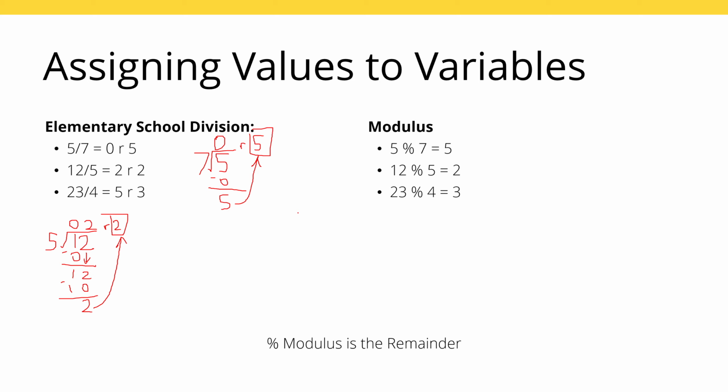So we got 23 mod 4. And you ask yourself, what is 23 divided by 4? What's the remainder? So what's the remainder when I do 23 divided by 4? Well, 4 does not go into 2 at all. 0 times 4 is 0.